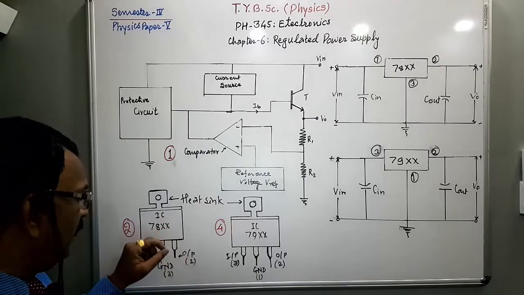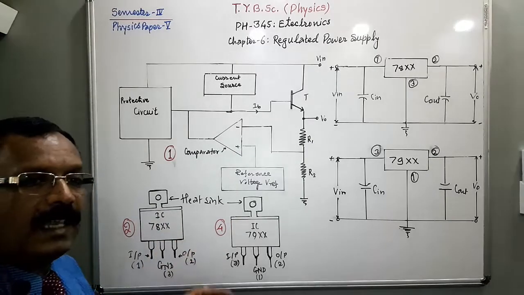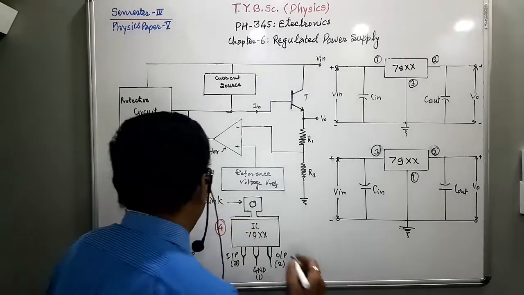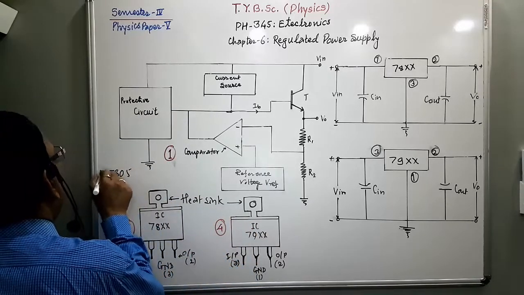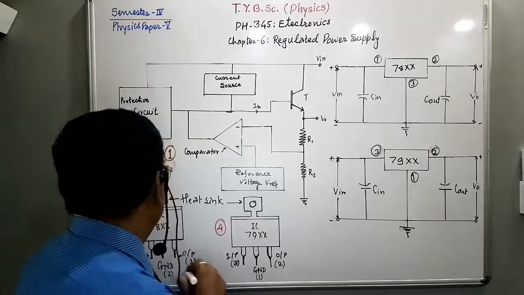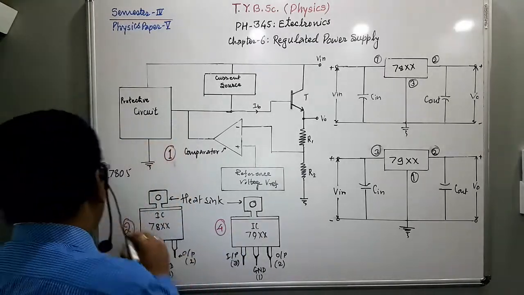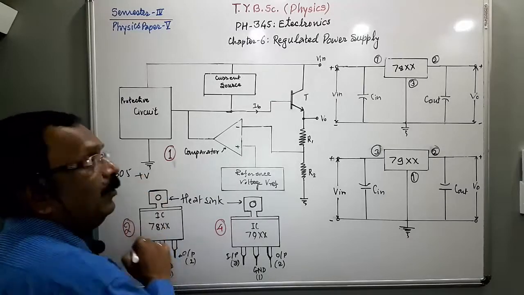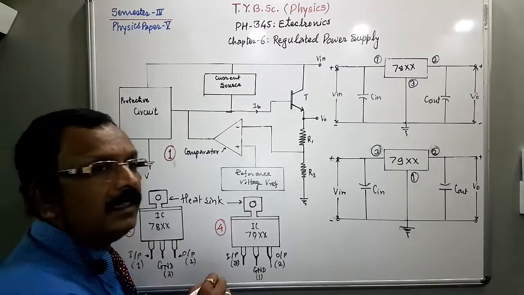Suppose we are taking an IC like 7805. IC 7805 gives plus 5 volt regulated DC voltage. Okay.